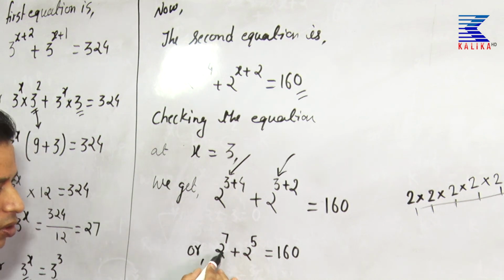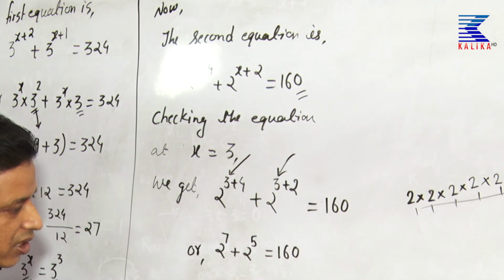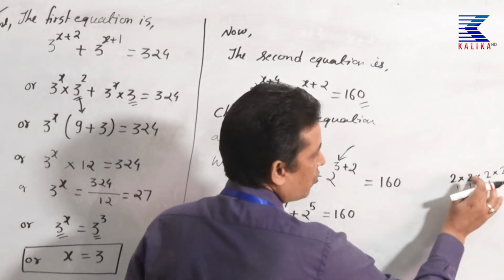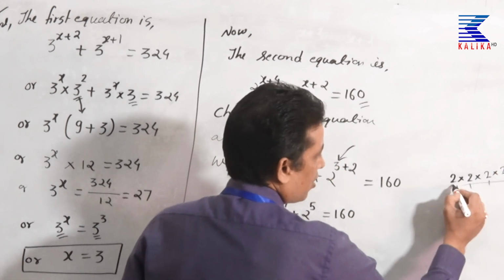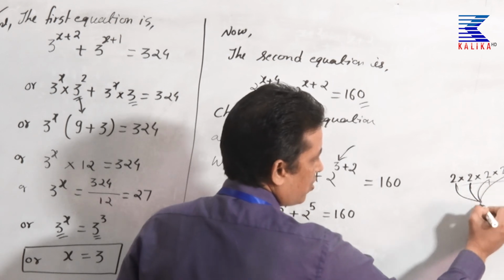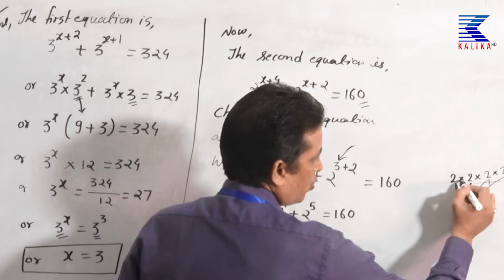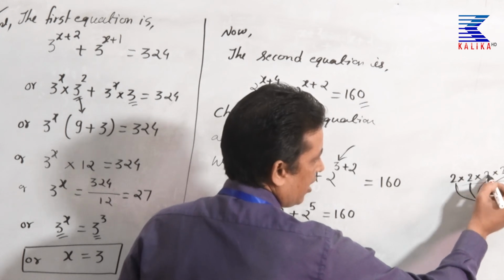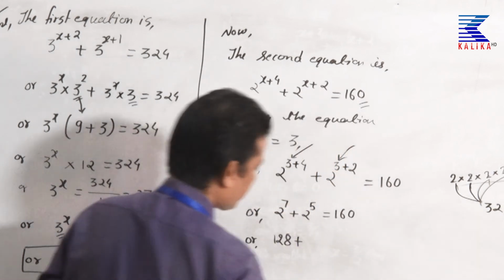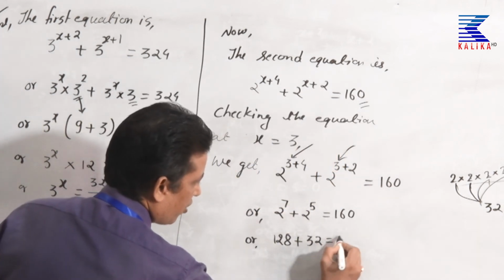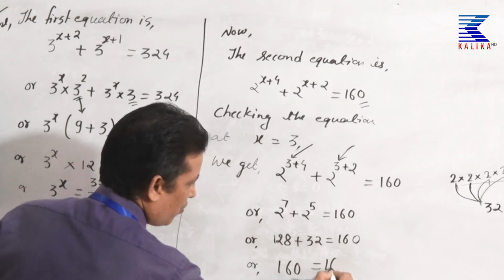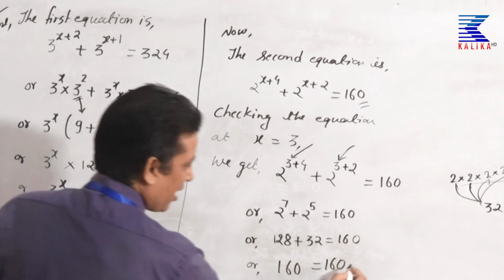Okay, 2^7 is 128, plus 2^5, which means 1, 2, 3, 4, 5 only: 2 ones is 2, 2 twos are 4, 4 twos are 8, 8 twos are 16, 16 twos are 32. So 128 plus 32 is equal to 160, and we got 160 is equal to 160. So it came true.